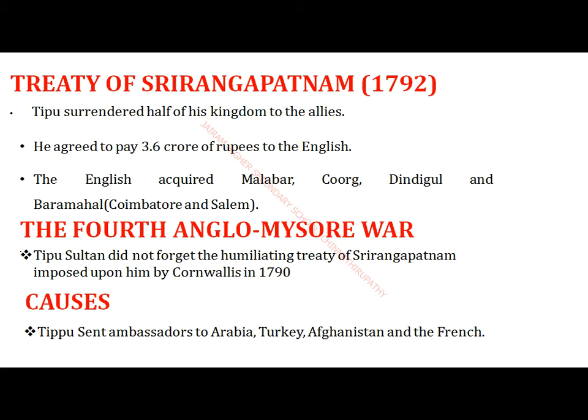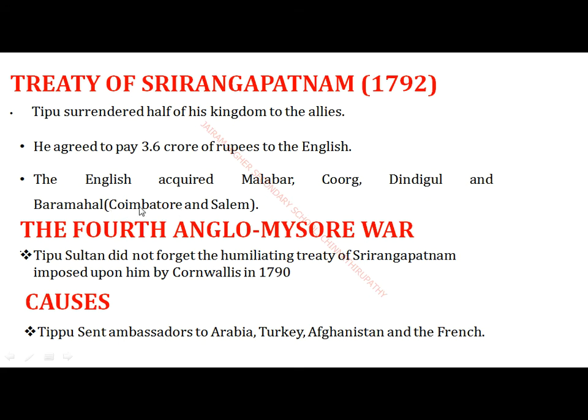After Tipu agreed to pay 3.6 crore rupees to the Britishers, the English acquired, meaning captured, Malabar and Coorg, Dindigul and Baramahal.